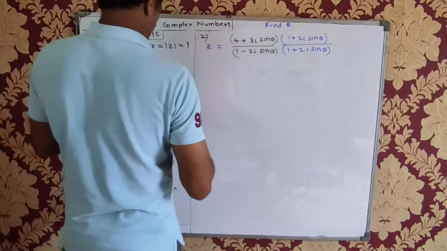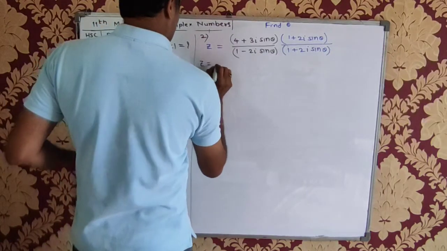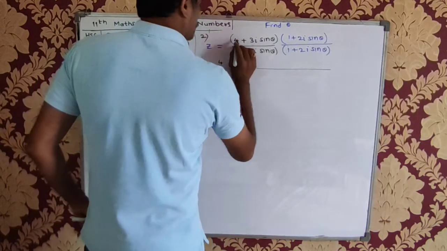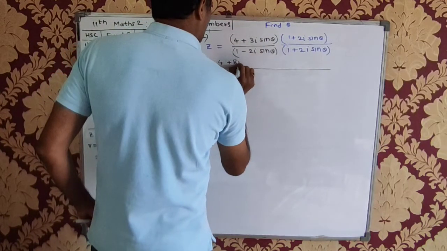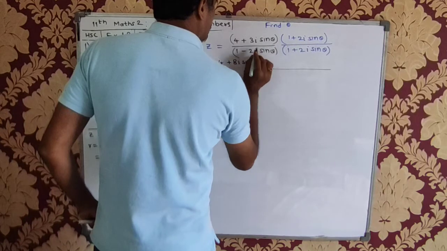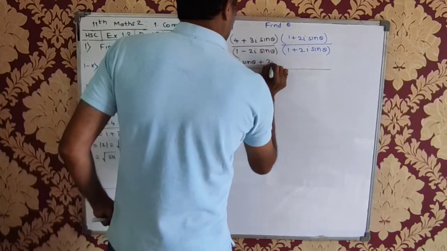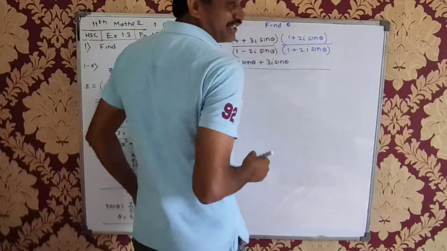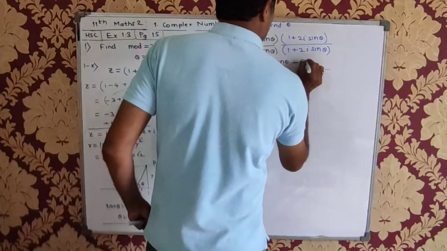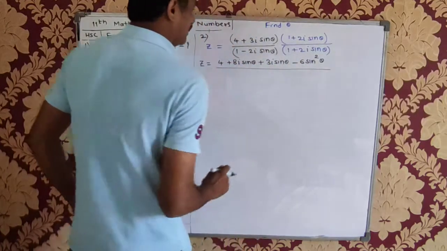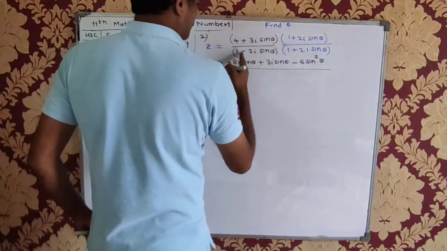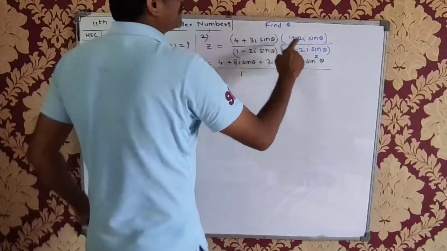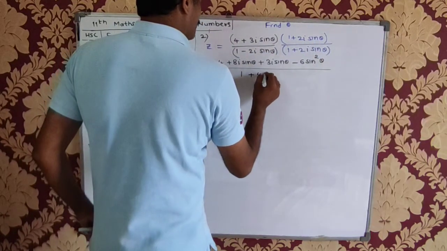Okay? Therefore z is equal to what will it be? Multiply this by 4 plus 8i sin theta plus 3i sin theta, 3 into 2i, 6i square sin square theta, minus 6 sin square theta. Right? And here a minus b, a plus b, a square minus b square, minus 4i square sin square theta, plus 4 sin square theta.